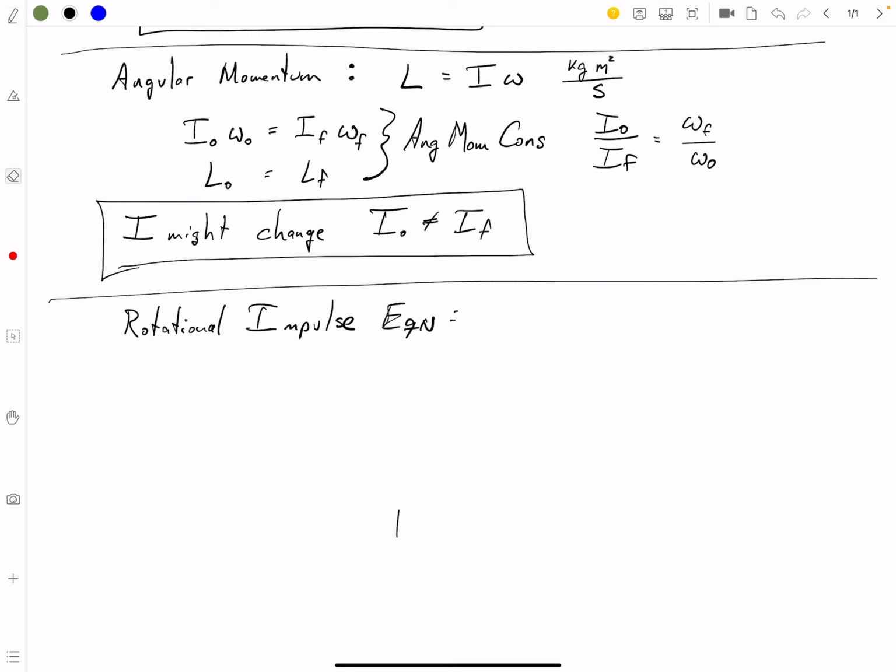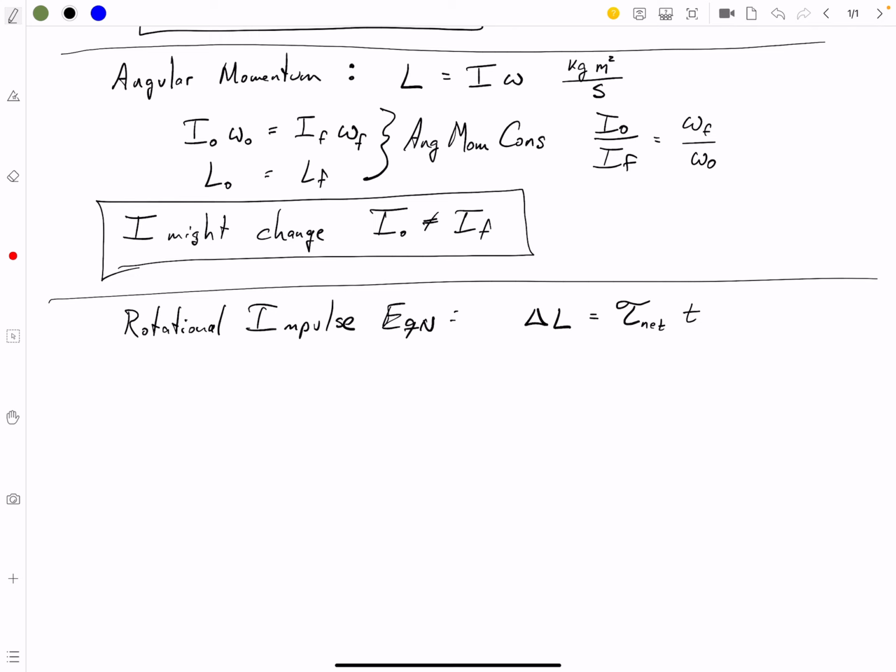I'm not going to write down the other impulse equation. You guys should know it. I did write it down in the notes, but I'm not going to do it here. I'm going to say delta L, because that's our angular momentum. And of course, instead of force, we've got torque. And time is time.